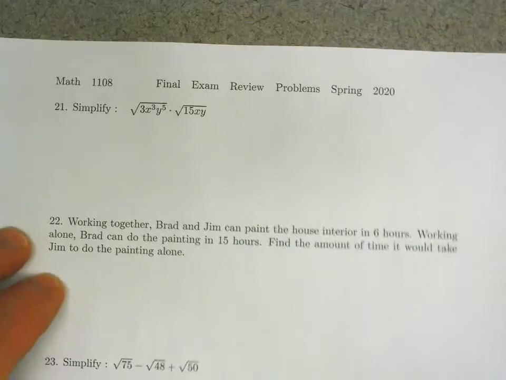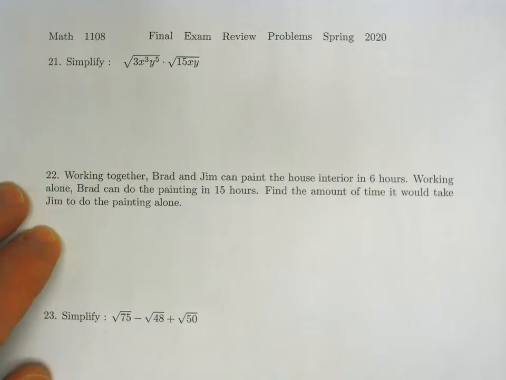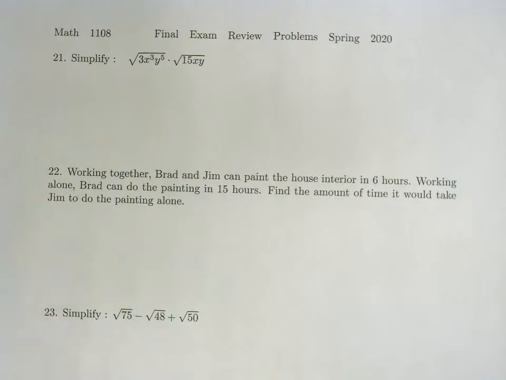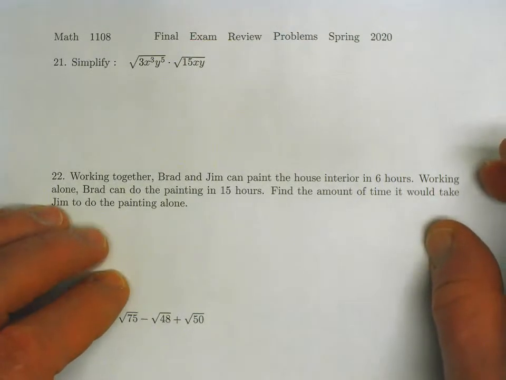The next problem is to simplify a product of square roots. Simplify the square root of 3x to the third y to the fifth times the square root of 15xy. There's more than one way to do it.